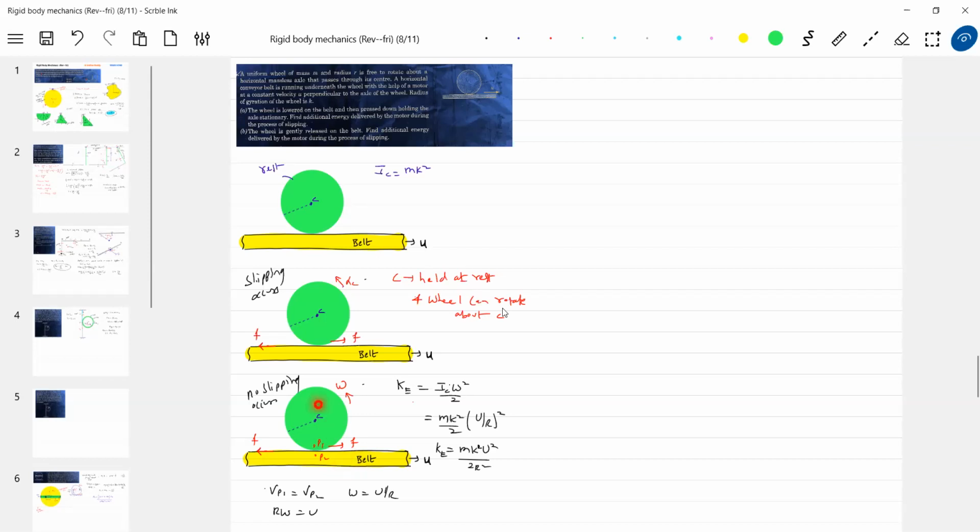To increase kinetic energy we have that, but what is the work done to maintain the velocity of the belt constant? Whatever work friction does on the wheel, that much friction has to do work on the belt. So therefore the external agent should do work on the belt also, not only on the wheel.